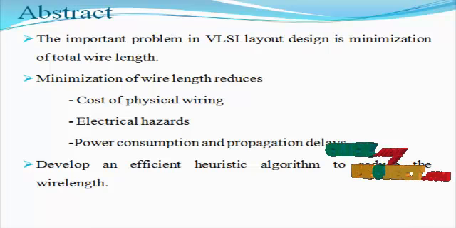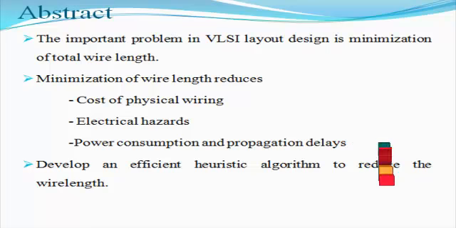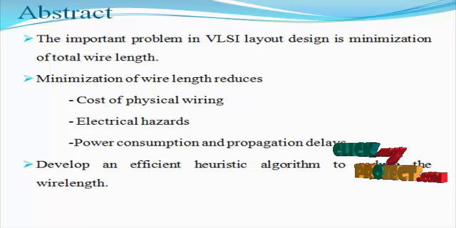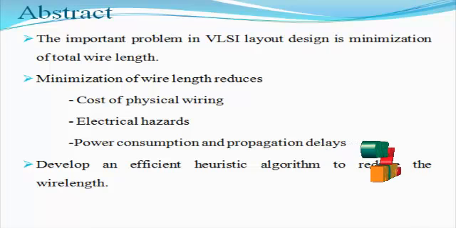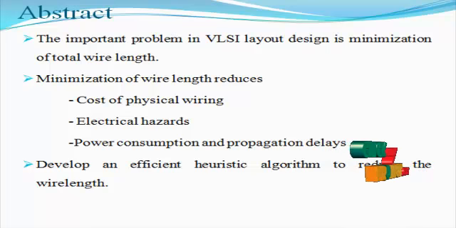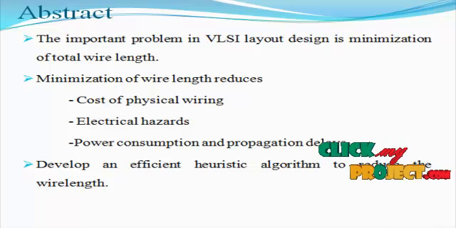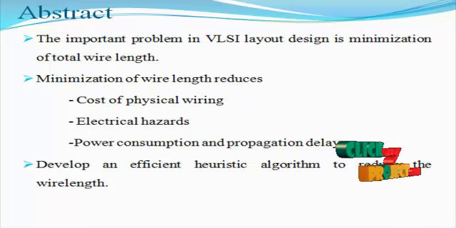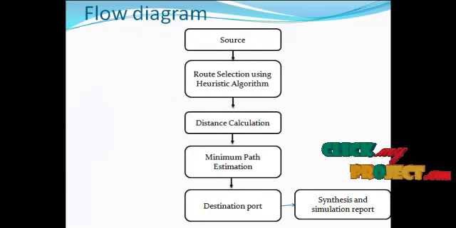Since minimizing the wire length of two-layer channel routing is NP-hard, it is interesting to develop a heuristic algorithm that computes a routing solution with total wire length as low as possible. In this paper, we developed an efficient heuristic algorithm and approach for reducing total wire length using a distance-based algorithm for the overall architecture.